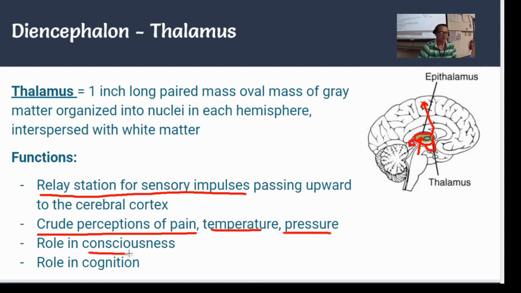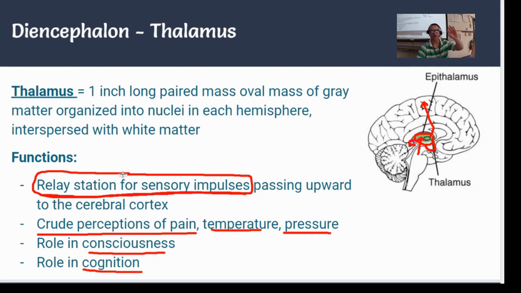It does play a role in consciousness, which makes you stay alert, and a role in cognition, which is the process of thinking and storing new memories. But the main thing right here is relay station for sensory information. So all sensory information passes through the thalamus.